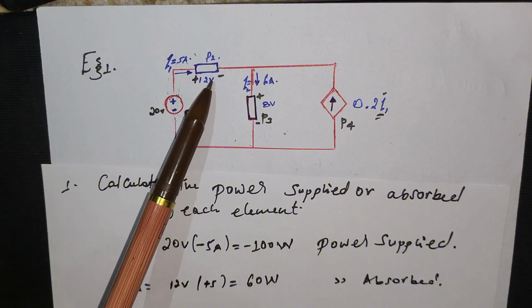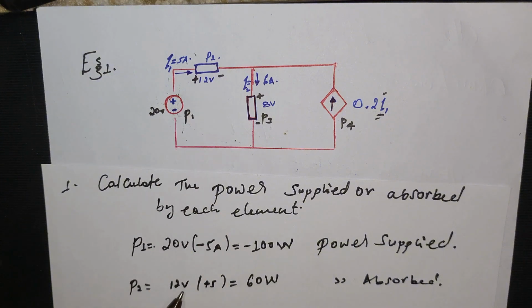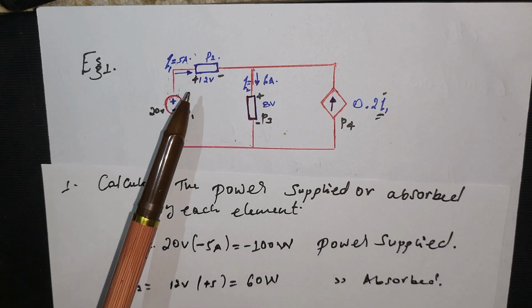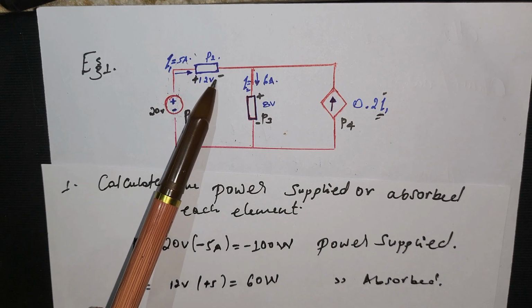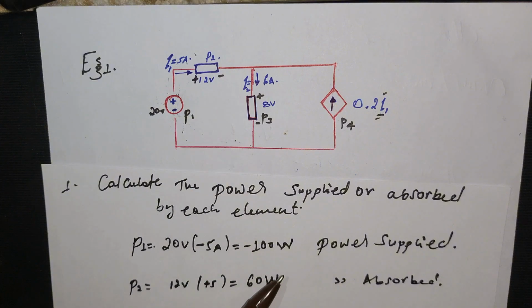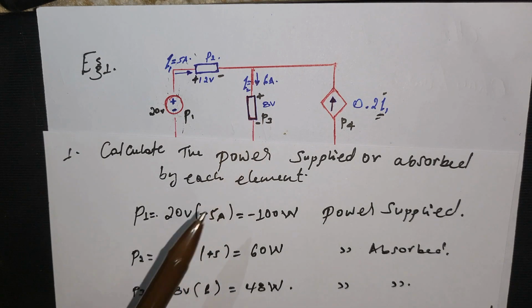So the power would be 12 volt times plus 5, because from the sign convention the current enters through the positive terminal to the negative terminal. So 60 watts, the power is absorbed. So P3 is this one.